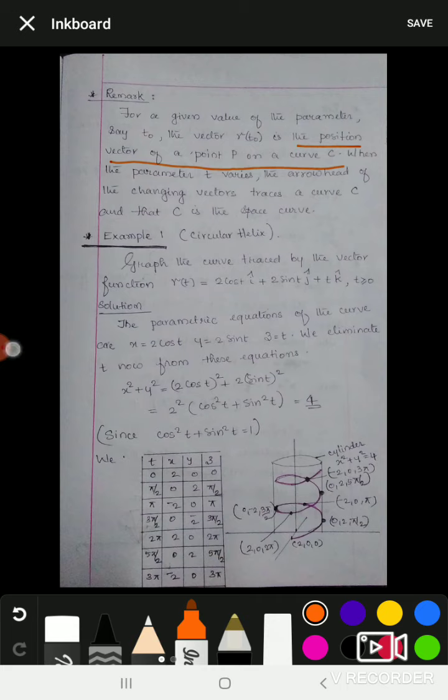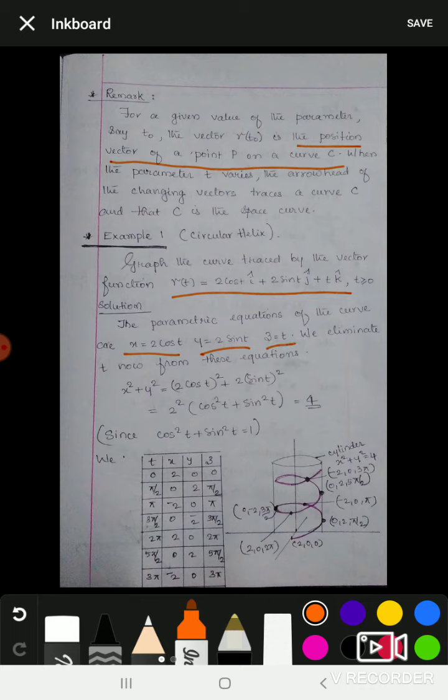Okay, so we have the graph, the curve traced by the vector function r of t is equal to 2 cos t i plus 2 sin t j plus t k where t is greater than or equal to 0. This is the question. So from this we can easily find x is 2 cos t, y is 2 sin t, and z is t.